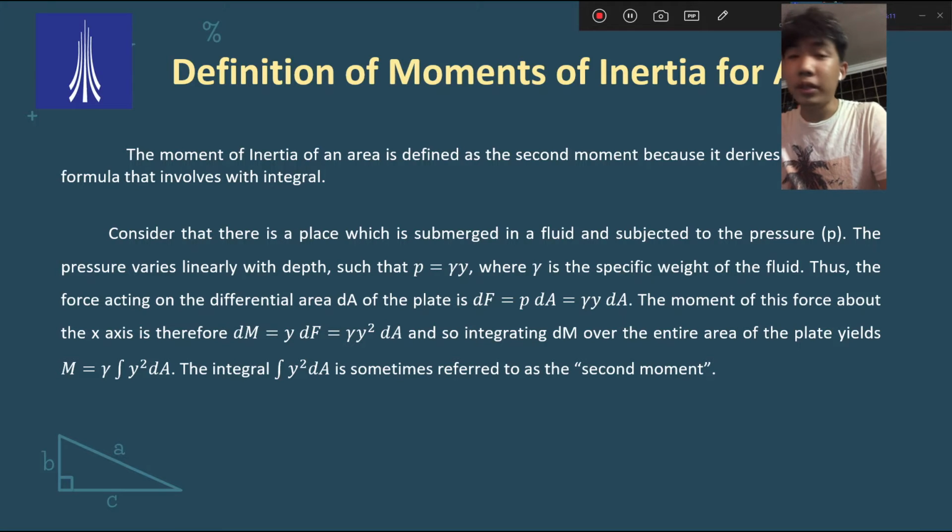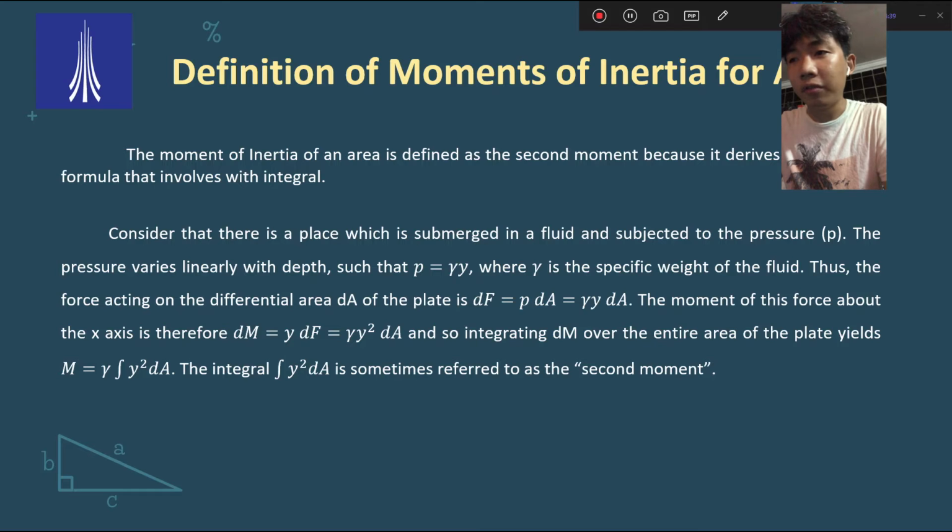Consider you have an object that is placed underwater, which has a pressure P. The pressure is different depending on the depth, which can be written as P equal to gamma times y, where gamma is the specific weight of the fluid.